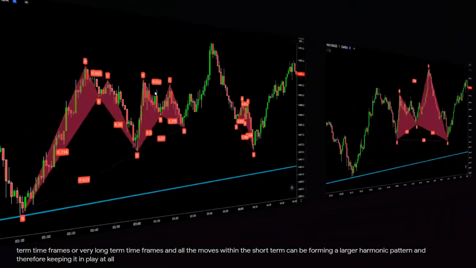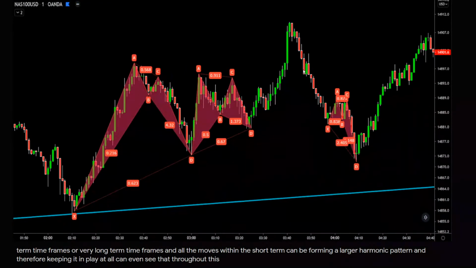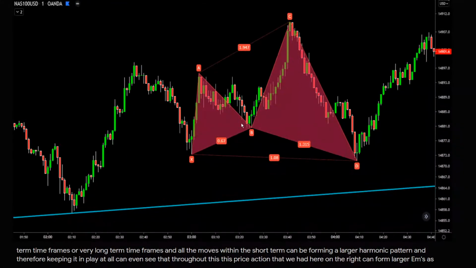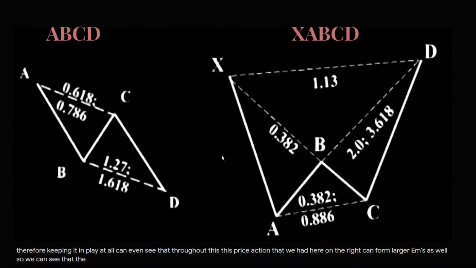But we can even see that throughout this price action that we had here on the right can form larger M's as well. So we can see that constantly these two patterns that we see on the chart right here are in play very frequently. Now we know, and in our last class we went over the ABCD pattern.